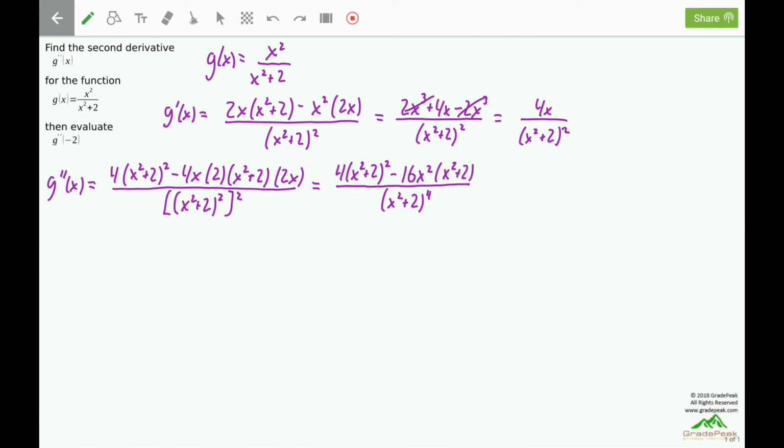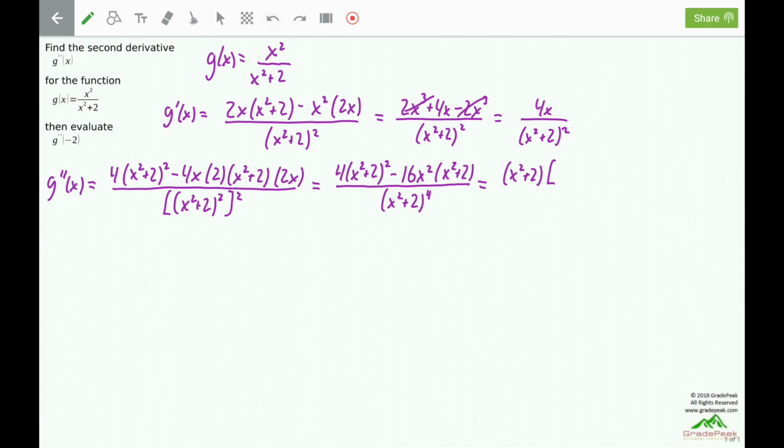In the numerator, we actually have a common factor of x squared plus 2. We have a power of 2 and a power of 1. We can factor out a power of 1 from there. At that point, we'll be able to cancel with one of them in the denominator. We have it to a power of 4 in the denominator. If we factor it out, we're going to take out one of them here and the entire one there. There's what we're going to have left.